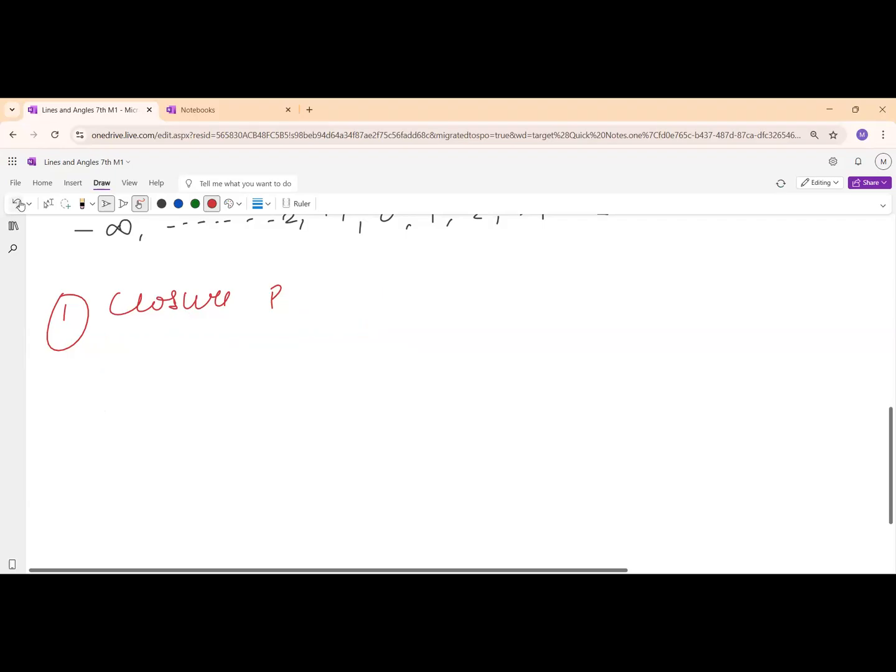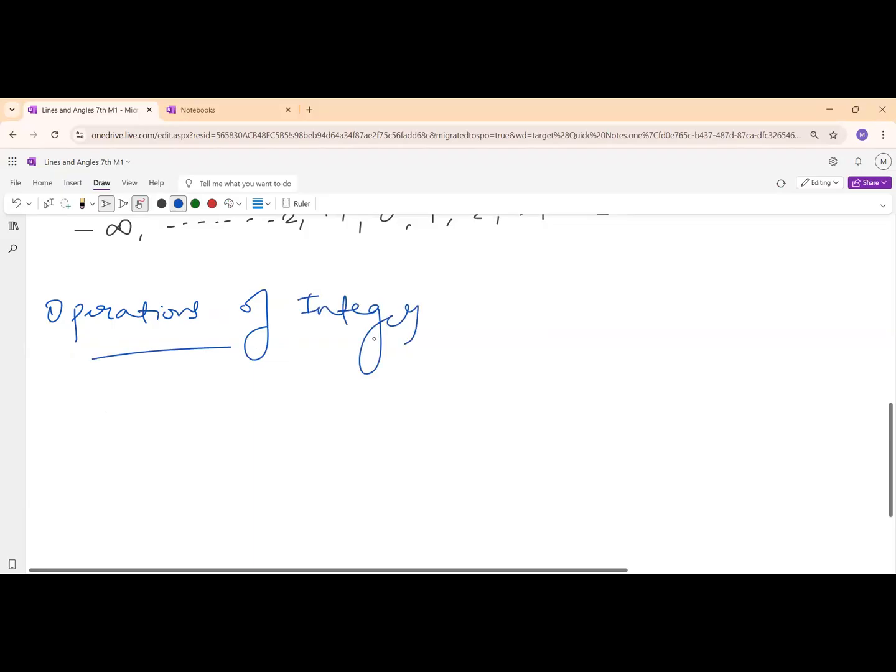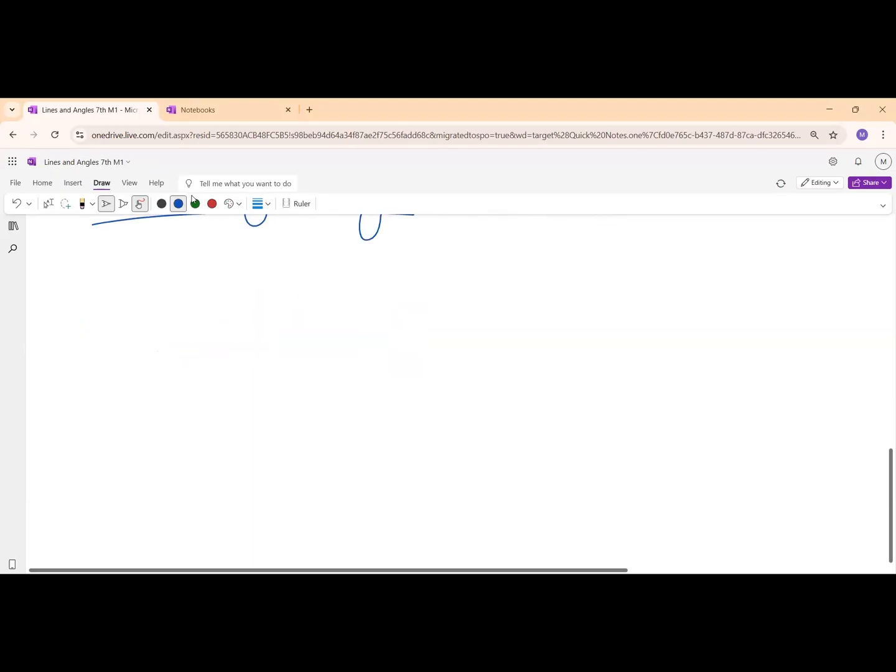First I'll tell you that. Operations on integers. If I talk about addition, how do we add two integers?